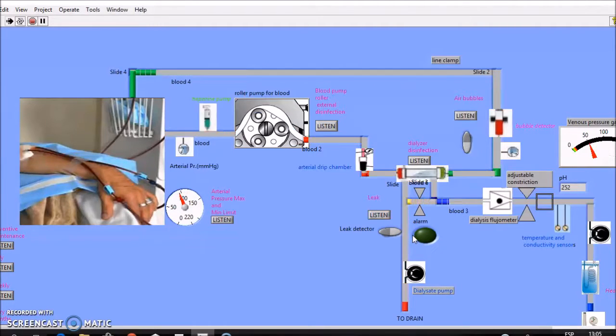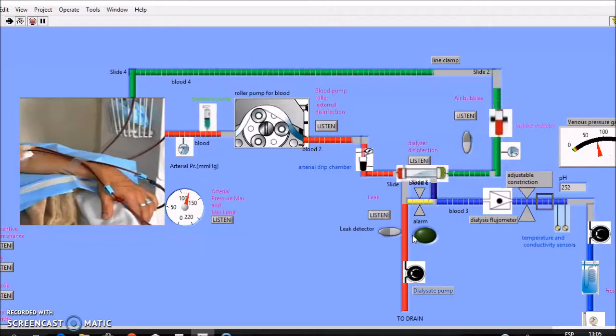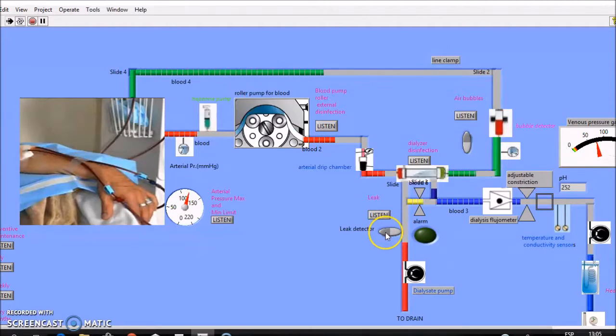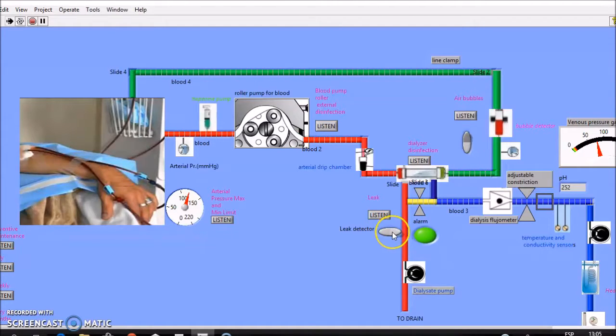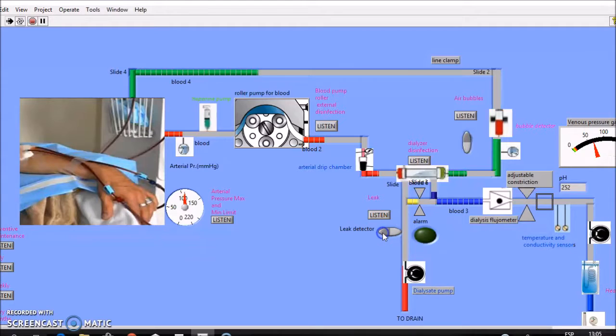At the moment that one activates, the system stops immediately. The system stopped because the alarm is activated. Each alarm has a button to listen to what may be the possible cause to activate and what to do to resolve it.